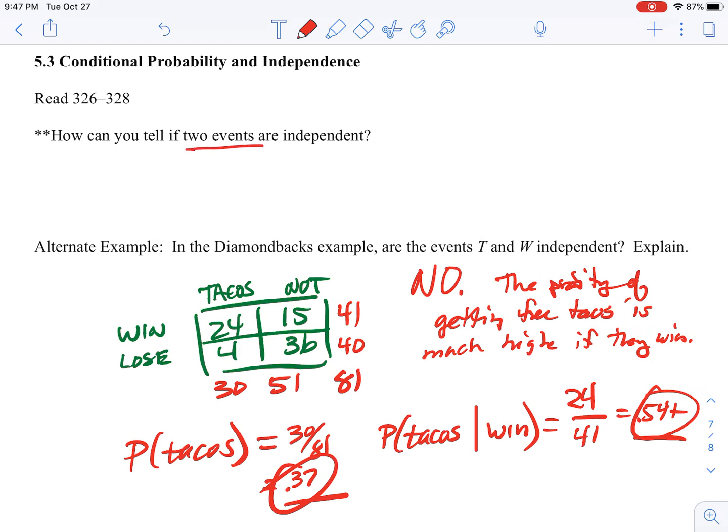So how can you tell if two events are independent? Basically, you have to determine whether one event occurring has an effect on the other event's probability.